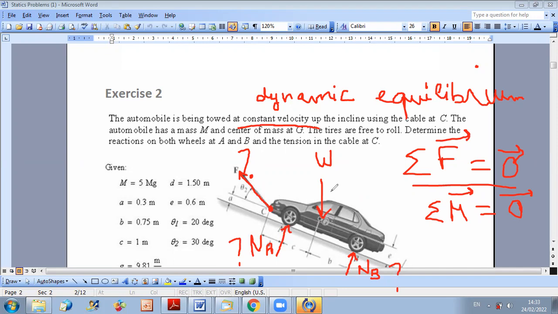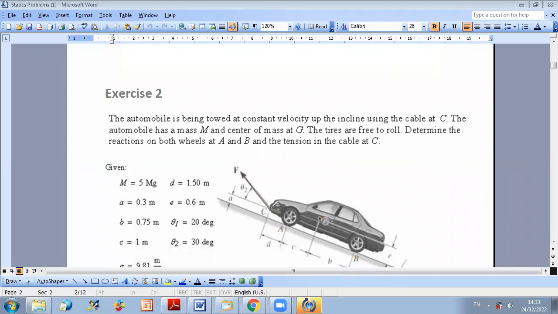So always here, whatever you select, you should do some decomposition, but it's fine. You can select, let's say, C, or A, or B, or G if you want as point. So for example, let us choose C. If we want to write sum of moments about C equals 0, first, as we said, we write sum of moments about C is equal to 0.